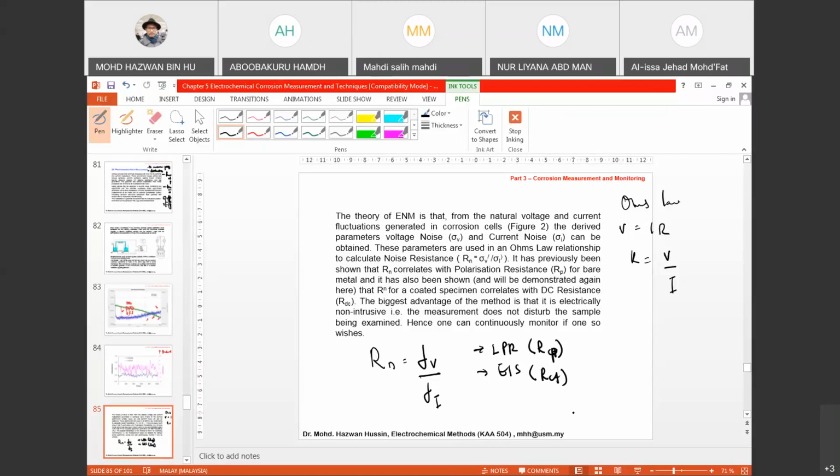If you have one sample in acid, for example, then you can compare what will be the Rp value from LPR, what will be the Rct value from EIS, and also Rn. It is going to give you almost the same value, not exactly the same, but almost. So this indicates that the validity of the resistance values that you obtain from different measurements can be verified.